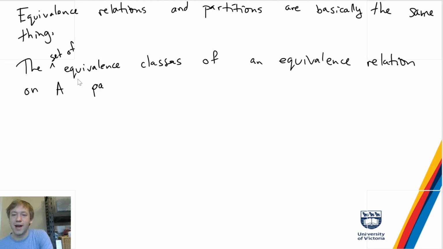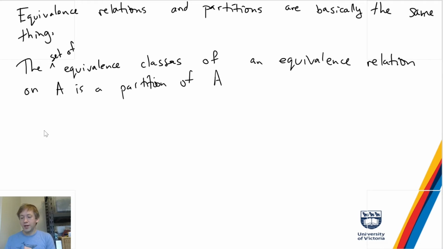So let's back up here. The set of equivalence classes of an equivalence relation on A is a partition of A. On the other hand, if you have a partition of A and you define two things to be equivalent if they're in the same cell, then that gives you an equivalence relation.